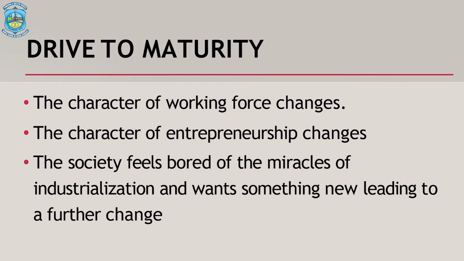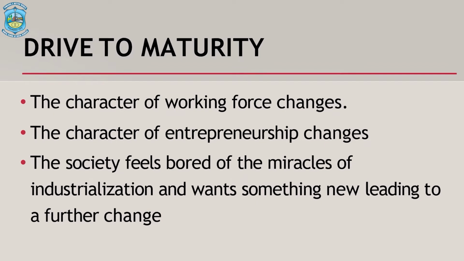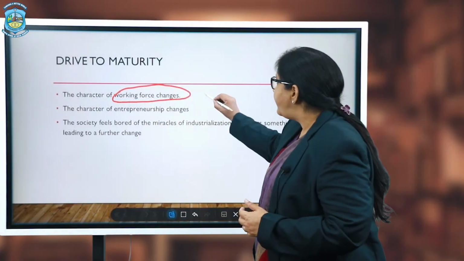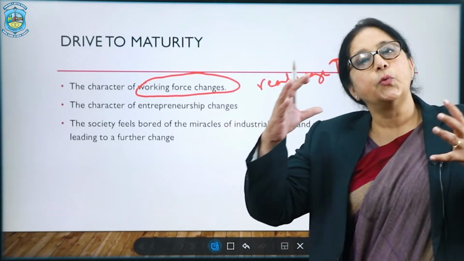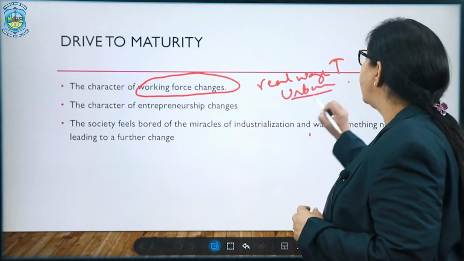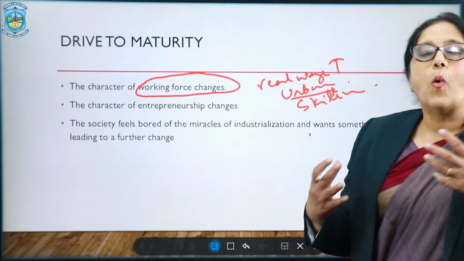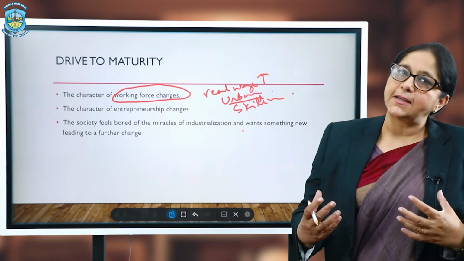Initially the workforce was more unskilled, so the workforce becomes more skilled. The real wages rise. There is a shift from the rural sector to the urban sector, and skilling. So basically, the quality and the output of this labor force that is engaged in the sector increases.